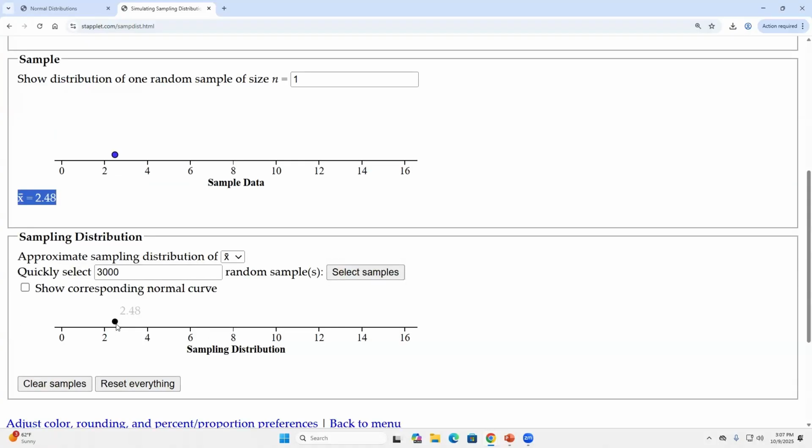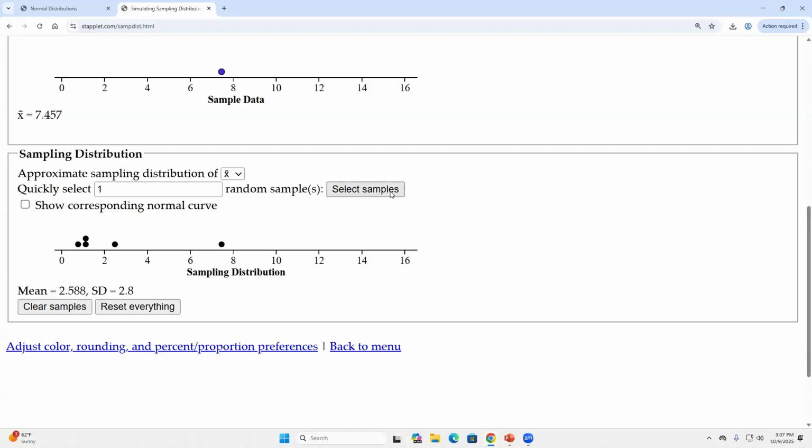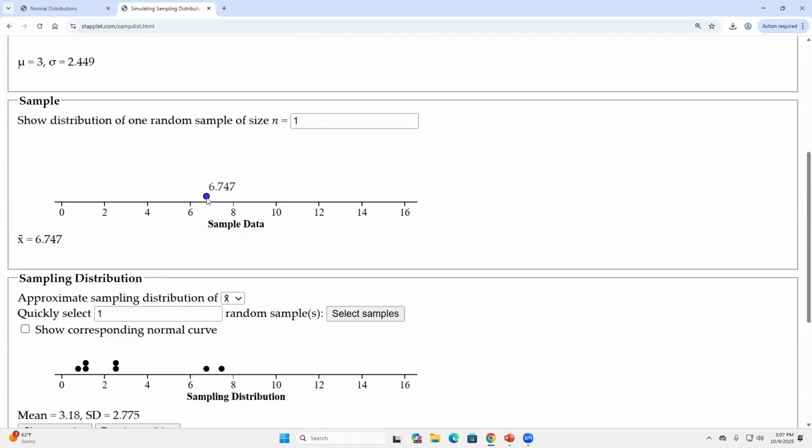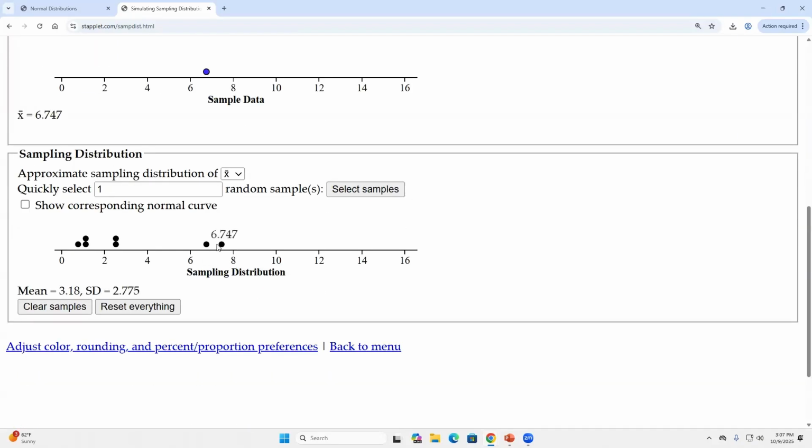And we have our sampling distribution now, which is the mean of the sample that we took, 2.48. If we just do this again and again, then we are adding this individual that came from the population to this sampling distribution, which are samples of the size of 1.